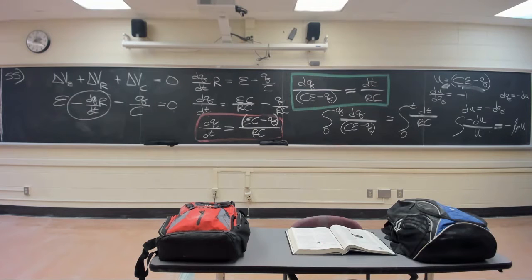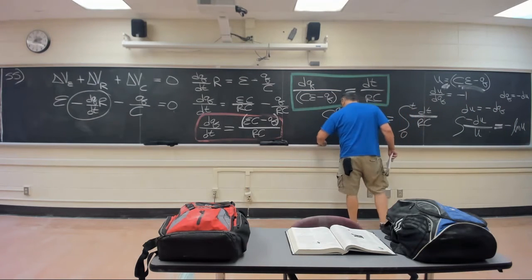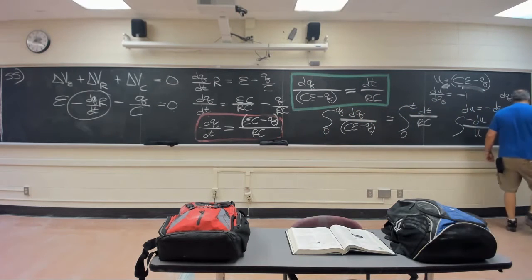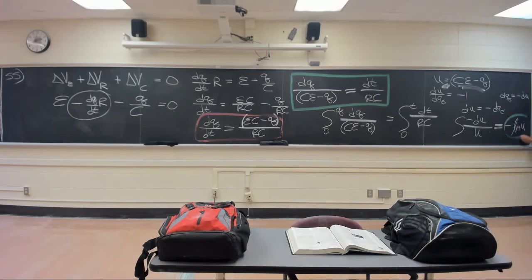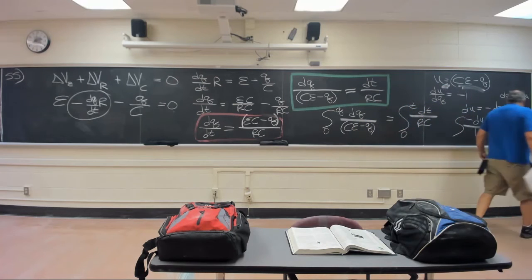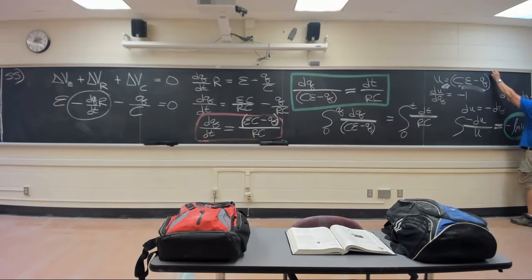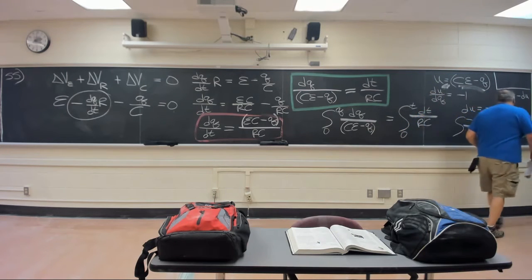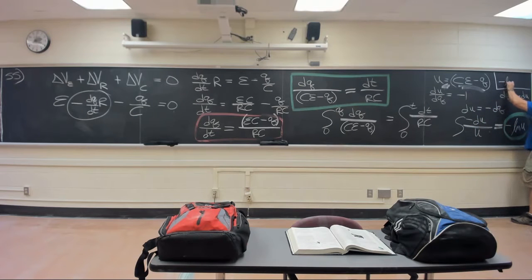Negative ln u is, well, good. At the end of the day, the integral here before you go between the limits is negative ln of (C epsilon minus Q).